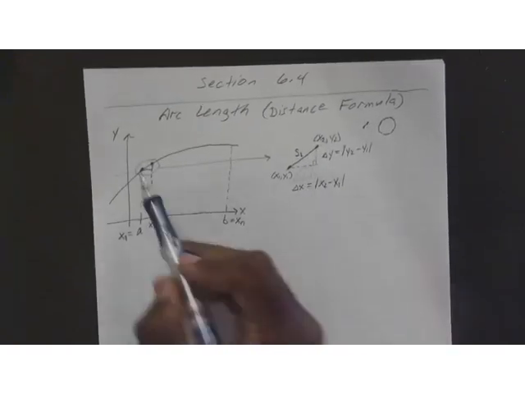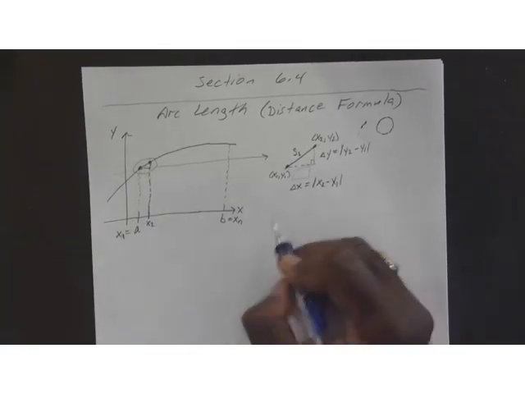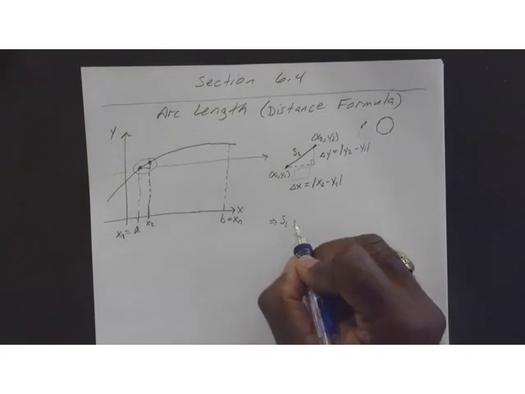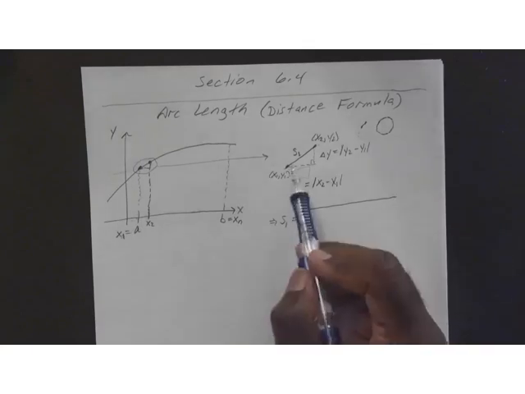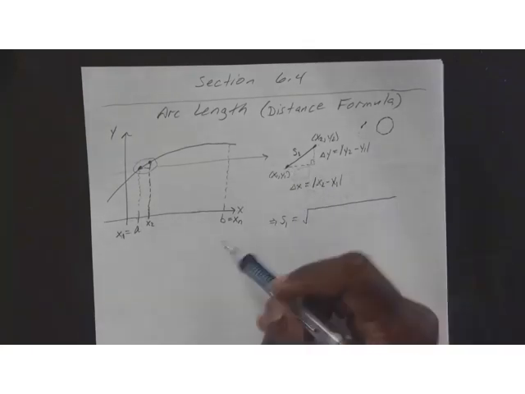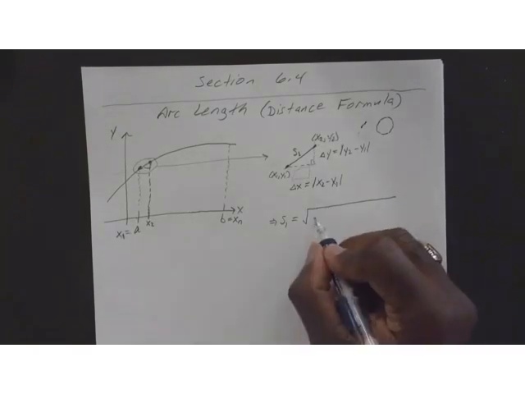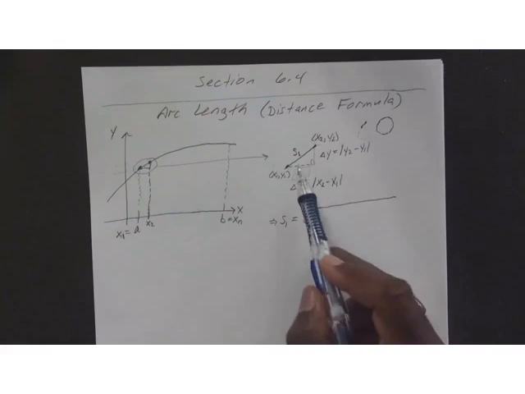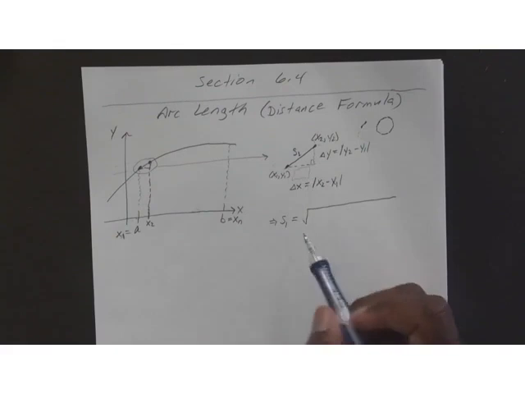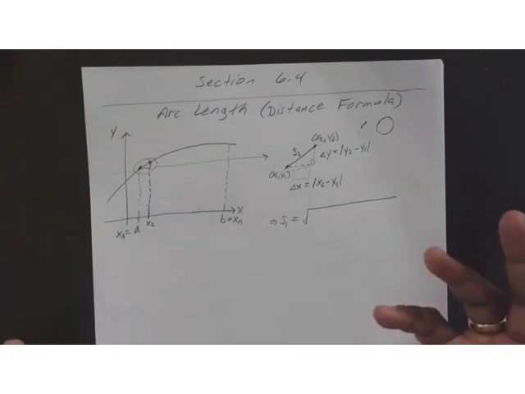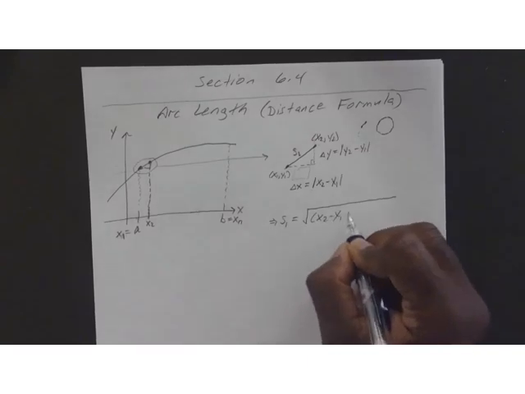Okay, so the length of just that one little straight line that we zoomed in to find is equal to the square root. Using the Pythagorean theorem, we could come up with that, or the Pythagorean theorem, the distance formula. We have the absolute value of x2 minus x1 squared. Well, since we're squaring it, we don't really need the absolute value because it's going to come out positive once we square it. x2 minus x1.